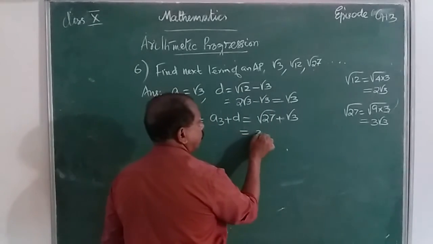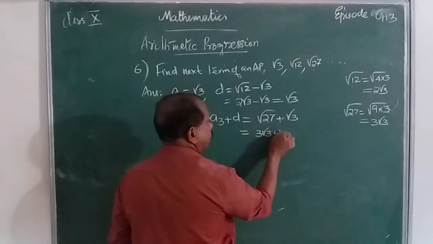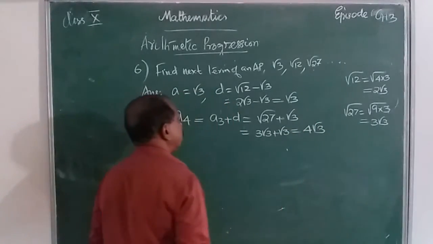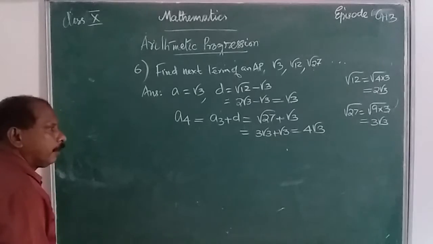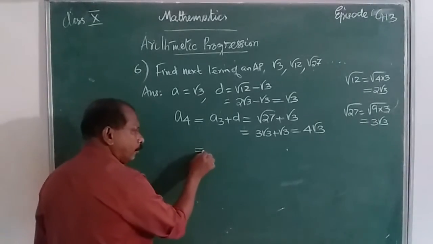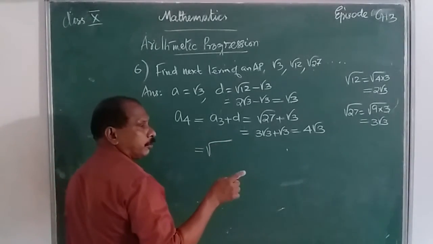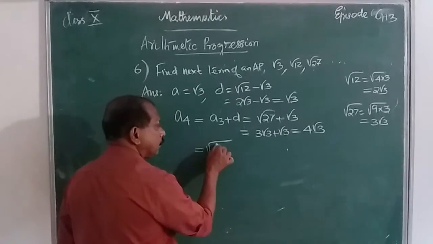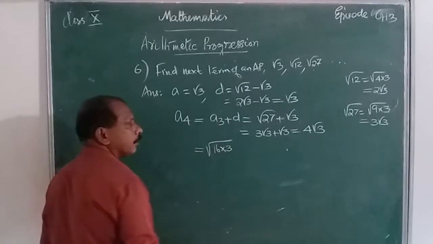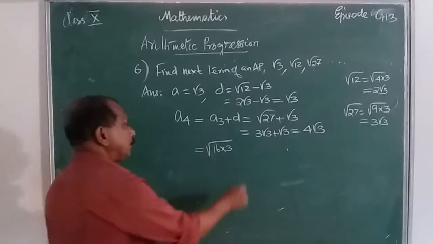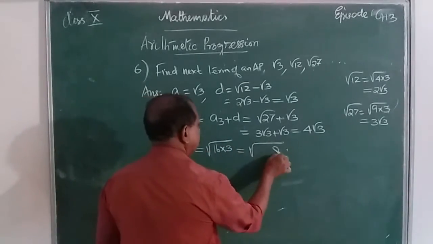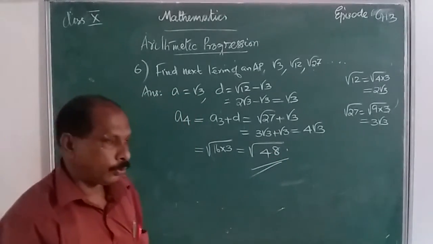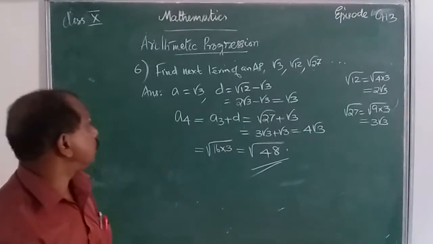Therefore, that is equal to 3 root 3 plus root 3, is equal to 4 root 3. That is the next term. 4 root 3 is equal to root of 4 square, 16 into 3. That is root 48, the next term.